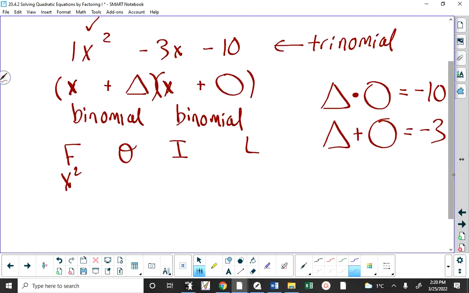Some of you look at this and you go, well, it's obviously negative 5 and 2. And I see people nodding. And those are the numbers. Your goal here, I would say, is that you can do it that quickly. But I also recognize, so this is negative 5 and 2. The order in which I put them doesn't matter, and we'll finish this off in a second.